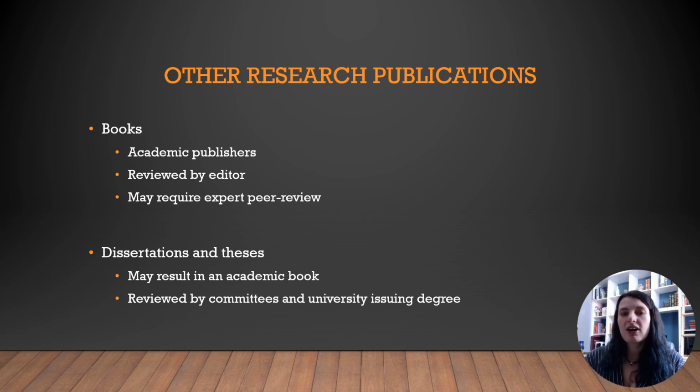Dissertations and theses are typically not preferred publications for formal research articles because they lack the same rigor necessary for a peer-reviewed publication. It all depends on how much the committee wants to look over, so that's something to be aware of. However, as I said, dissertations and theses are also often turned into a peer-reviewed journal article. So sometimes you can do a search for the author and the title, and you might be able to find an article in a peer-reviewed journal that matches the topic.